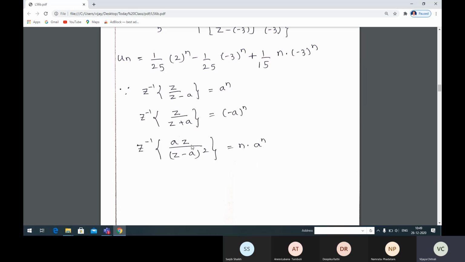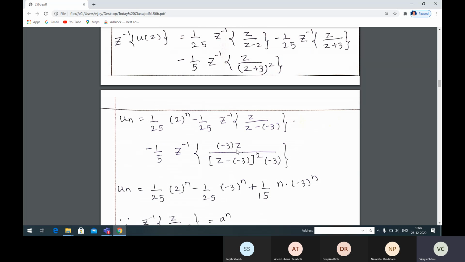Z inverse of a z divided by z minus a raised to 2 is n into a raised to n. So we have only z term, so multiply by a. Whatever we have multiplied, we have to divide to balance the equation. So here a is minus 3, and I want this term in the numerator, so I multiplied by minus 3, and whatever I have multiplied, I will divide.